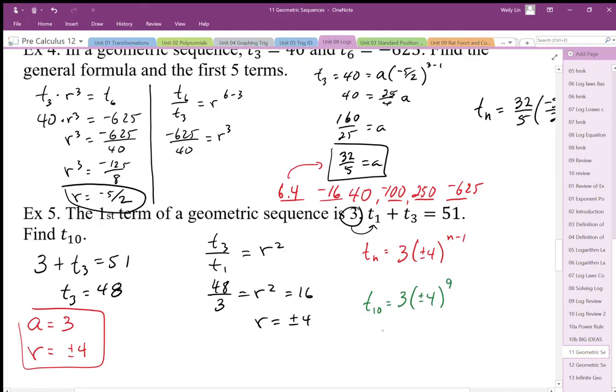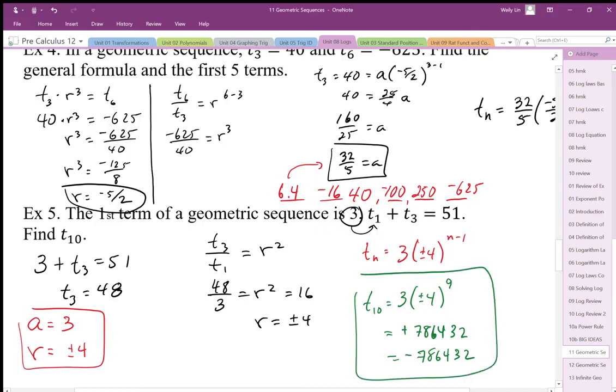One solution will be with a positive 4 and one with a negative 4. So I get 3 times 4 to the power 9, which is positive 786,432, and negative 786,432. So there's my T10, and there are two solutions for T10 because of the plus or minus nature of solving for the R value.